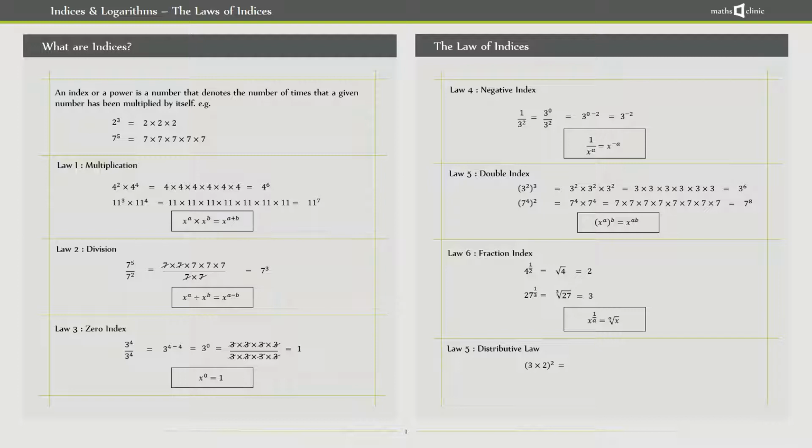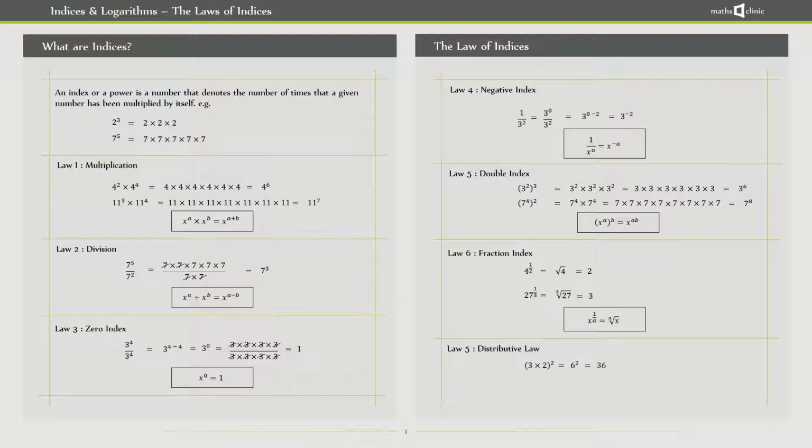So what's the law here? Anytime you have two numbers in a bracket multiplying each other, raised to a power, you can actually distribute that power. You can actually assign that power to the individual numbers in the bracket, and it will still give you the same answer.